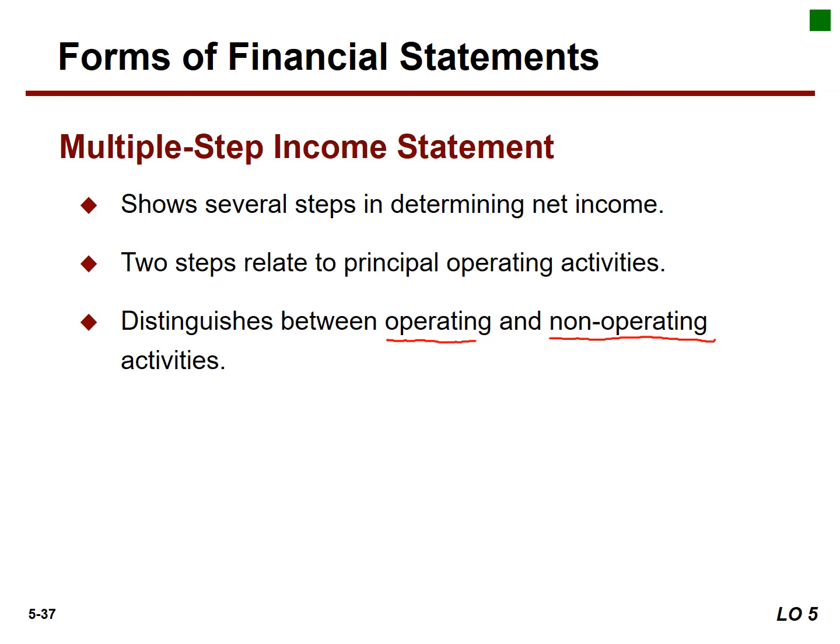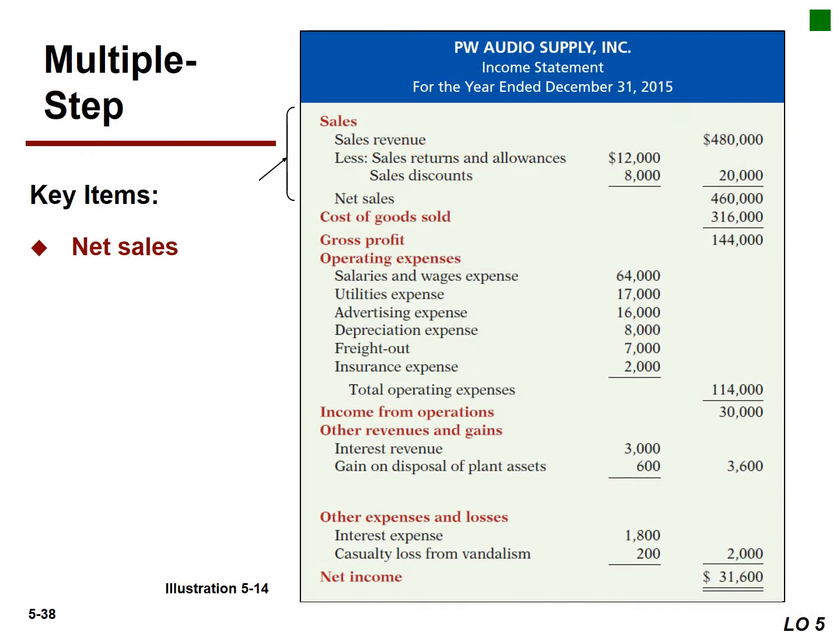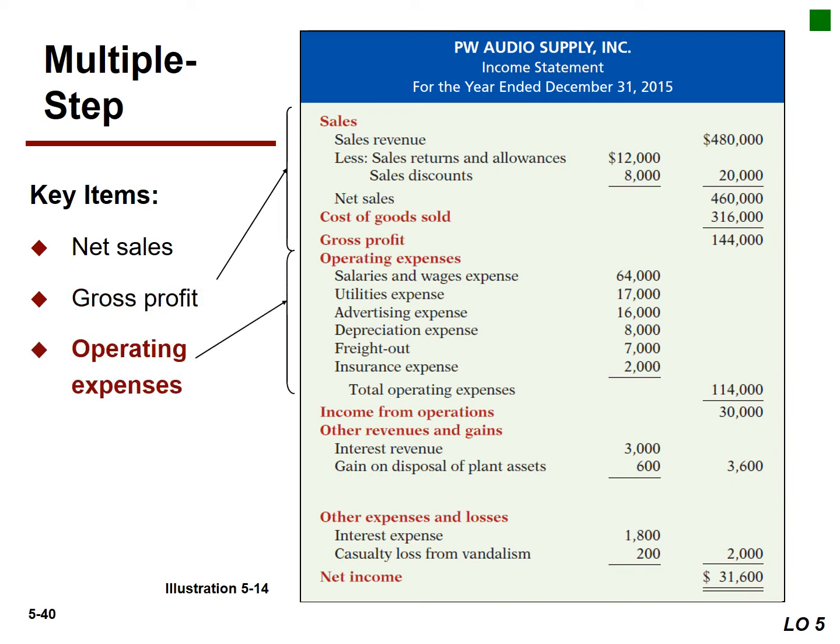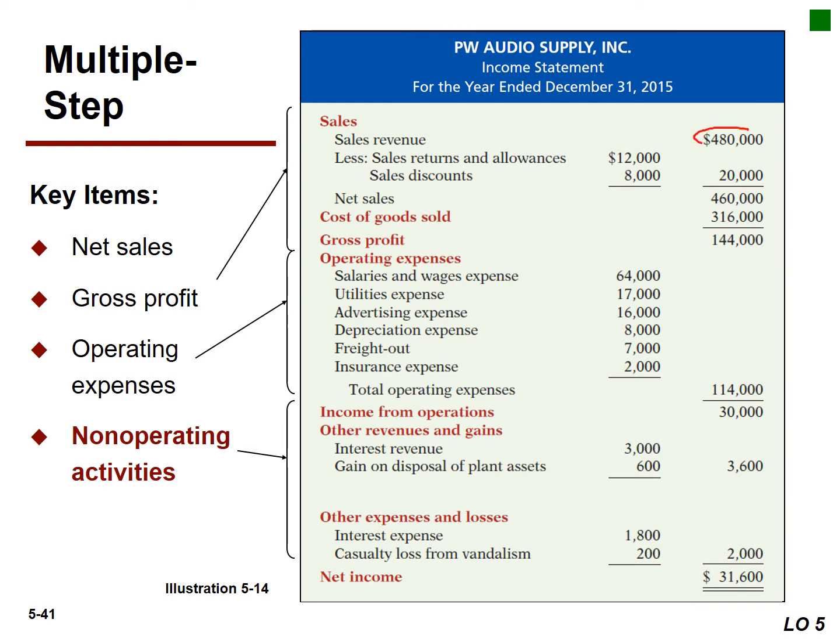Let's look at it. Here is our multiple-step income statement for PW Audio Supply. You'll see the different sections shown here. We have our sales revenue account balance.